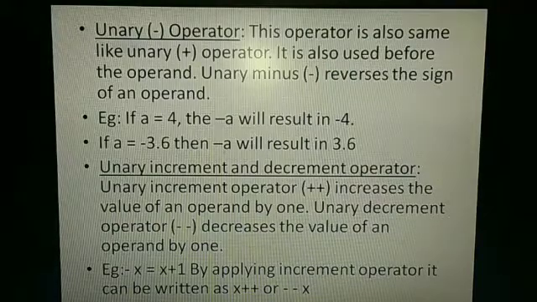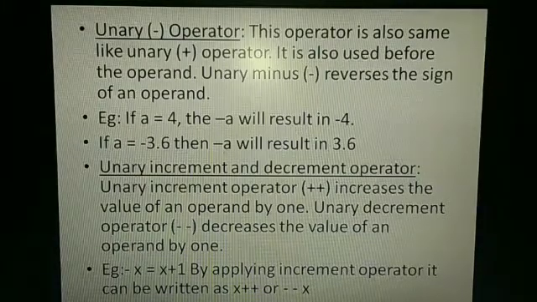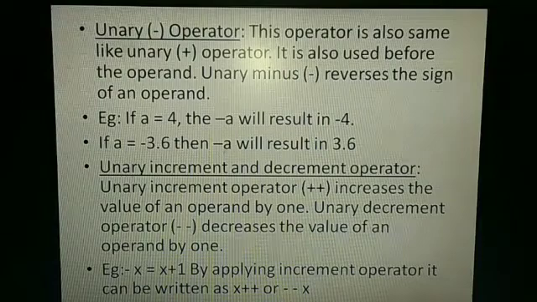Then I told you about unary increment and decrement operators. Unary increment, that is plus plus, increases the value of an operand by 1, and unary decrement operator, that is minus minus, decreases the value of an operand by 1. Okay, I have told you about this.